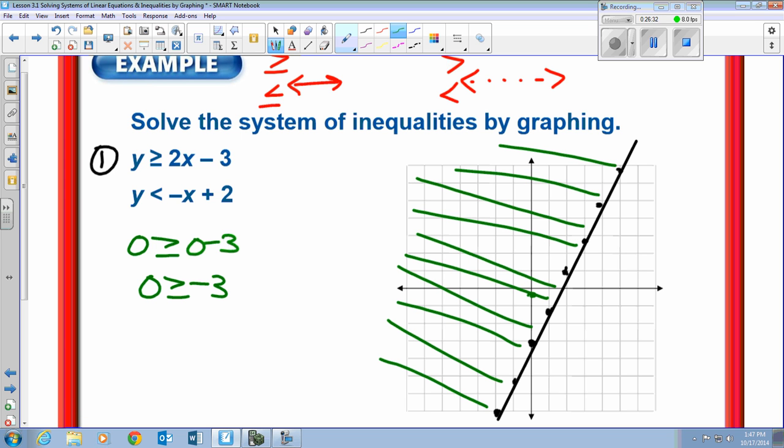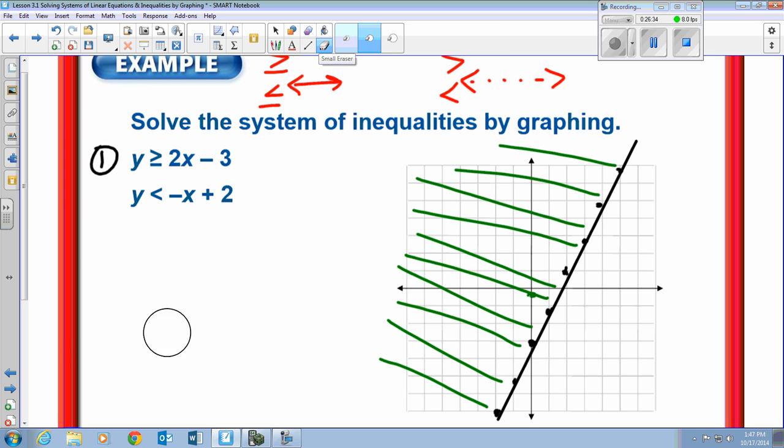All right, so now I've got to graph the second equation, which has a y-intercept of 2 and a slope of -1. So down 1 over 1, down 1 over 1, down 1 over 1. And these are inequalities. They're not equations, so I won't have one answer.